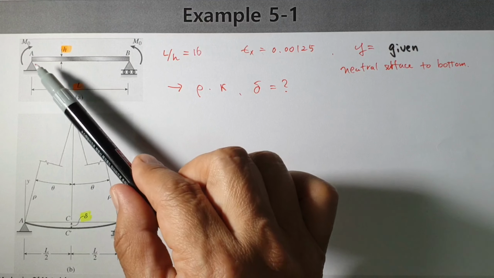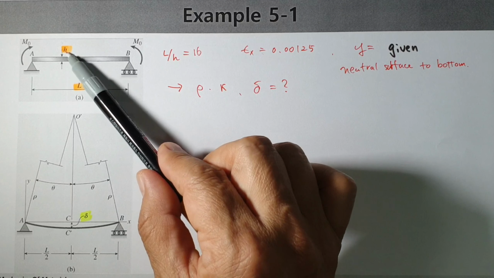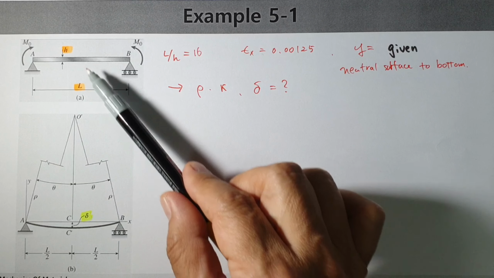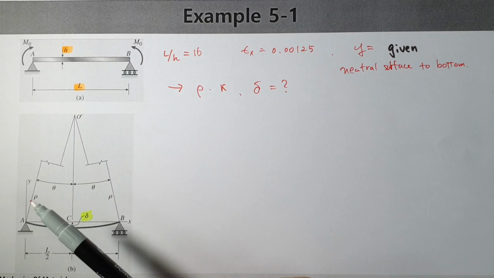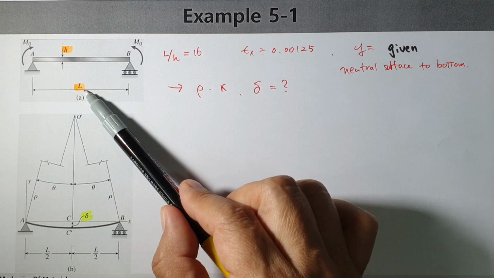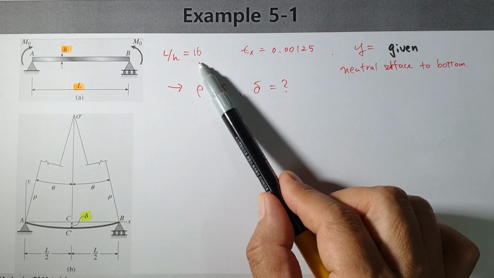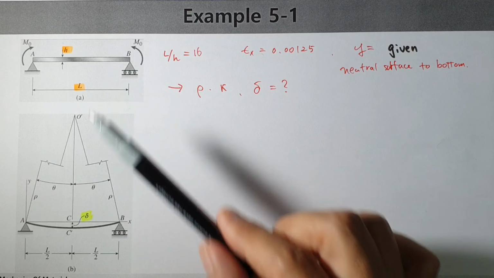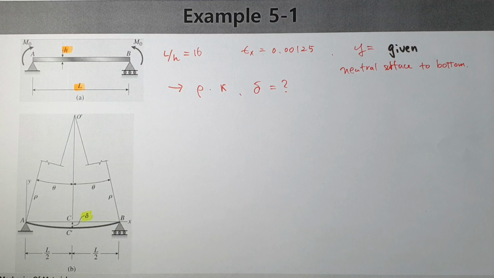Of course, the dimensions L and H are given. Compared to L, H is relatively small. That means we can assume a slender beam element.